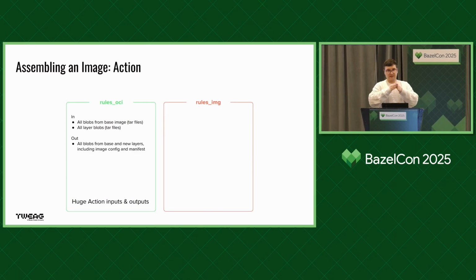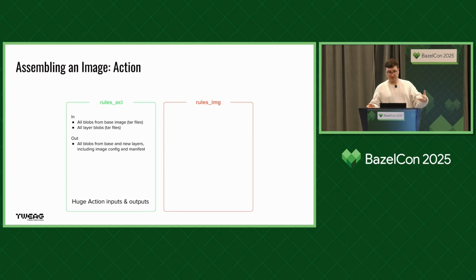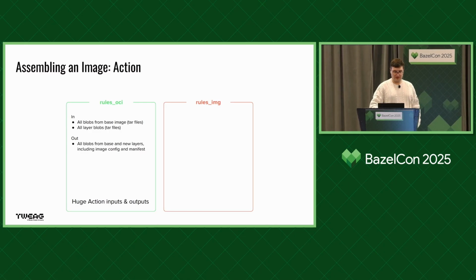So when you want to schedule this action in remote execution, all of the layer blobs have to be loaded into the remote execution worker. And at the same time, the output of the action contains the sum of all layers of the input. So that just becomes bigger and bigger if you build images on top of images. And that is very inefficient for remote execution.